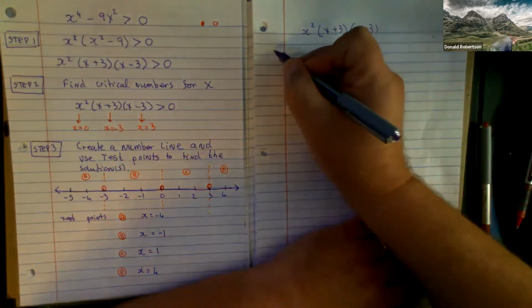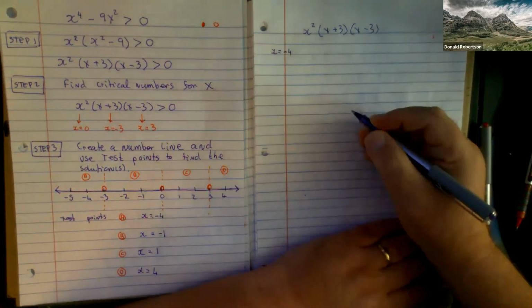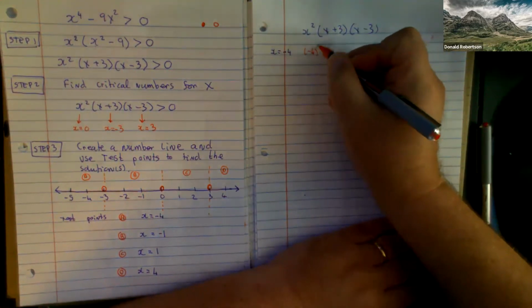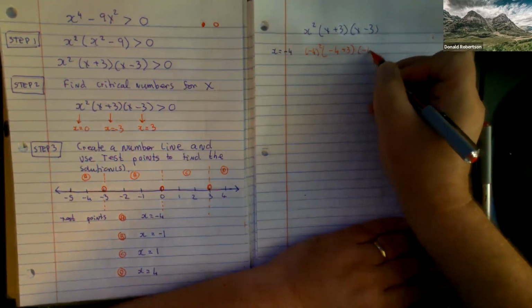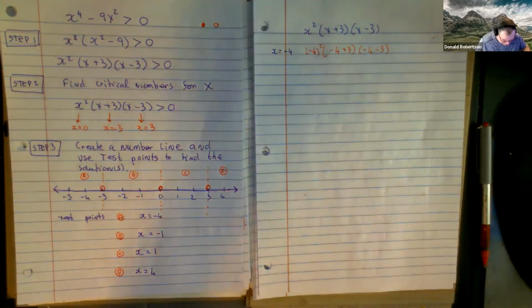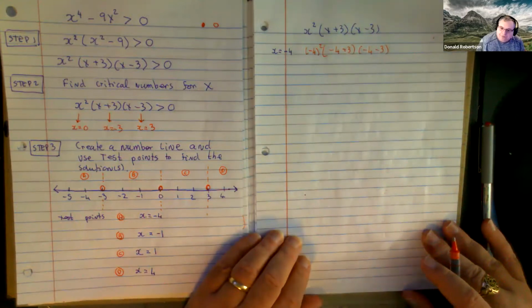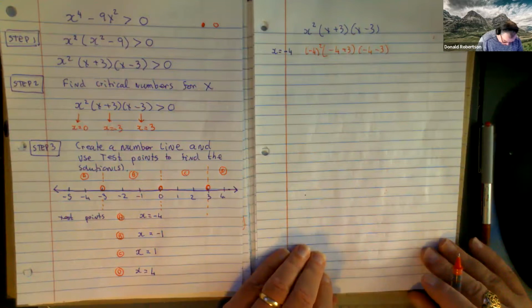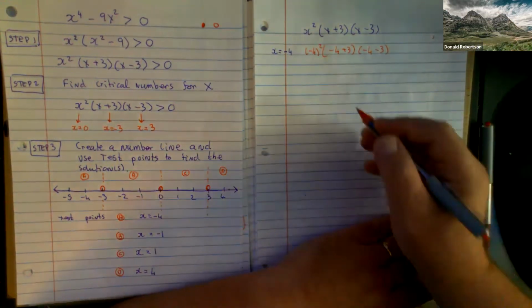So for instance, my first test point was x equals -4. So let's see what we get. We get -4 squared, -4 add 3, and -4 take away 3. Now I could actually calculate that out, and it ends up being -512. I don't care about 512, only that it's negative. And I don't want to have to do big calculations, so I do this.